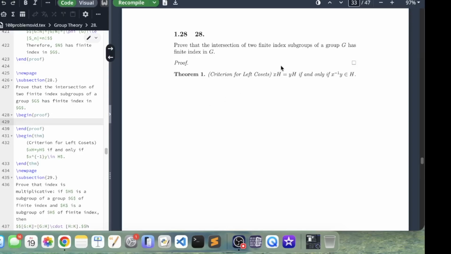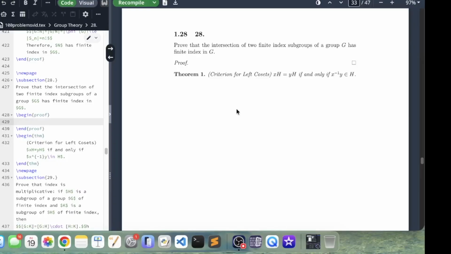I suppose I'm not saying here, but these are left cosets of H, which is a subgroup of G. All right, let's set up the problem. We're going to prove this problem by defining a map. So let's first set up what they have.